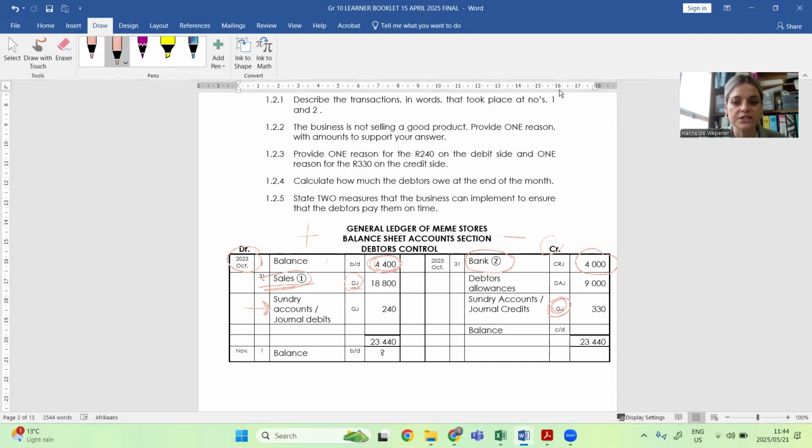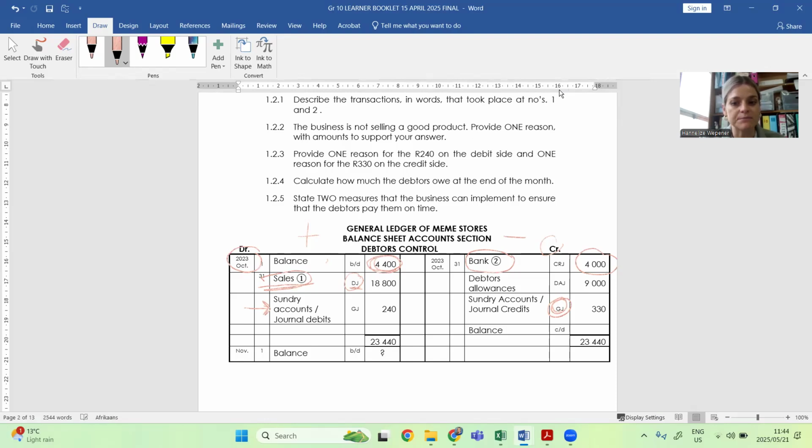Okay, so transfers, errors, or then bad debts. Debit side, transfers or corrections made for errors previously made, or it could be that you charged their account with interest.